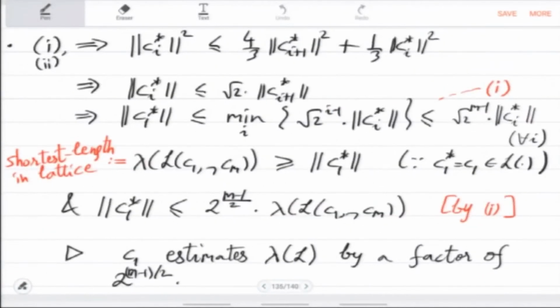Right, last time we showed that B1 estimates the shortest vector by this factor. We had shown this. Right, so just recall this inequality, that it will be a 2 raised to n by 2 factor.